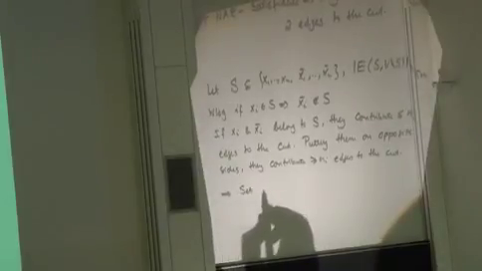So now set the literals in S to true. What happens now? S is something that has 5m edges.